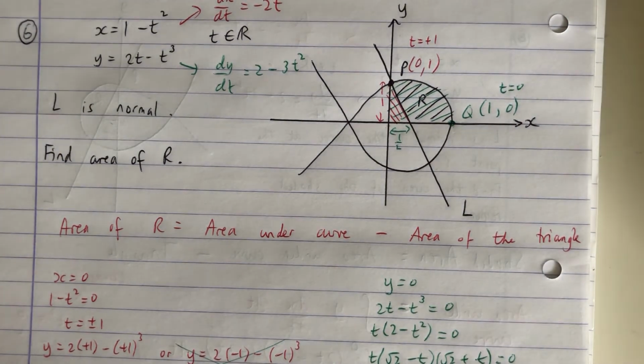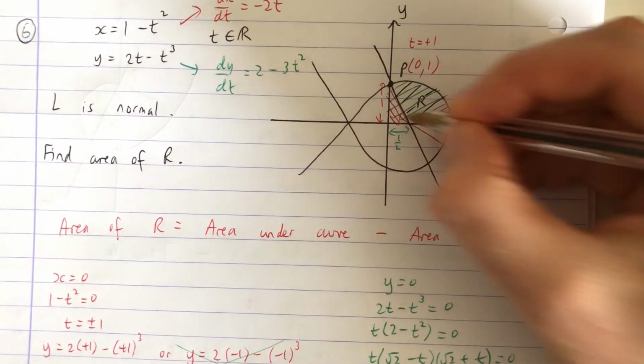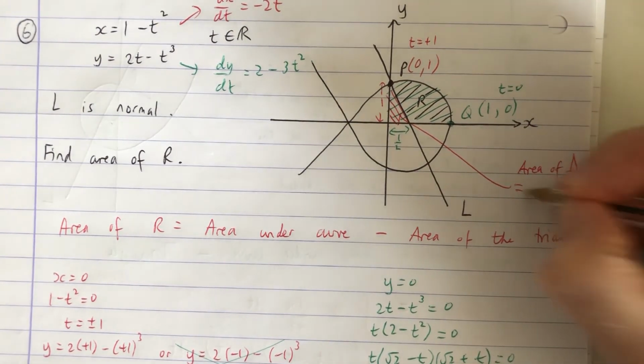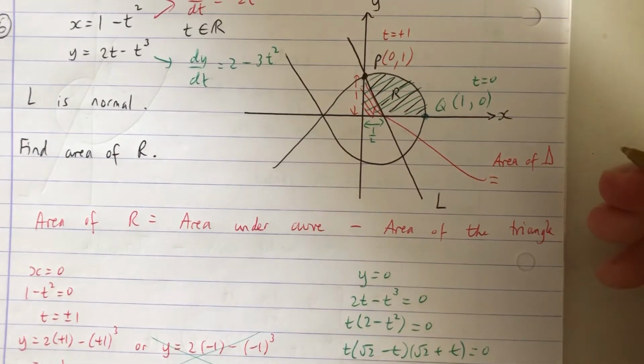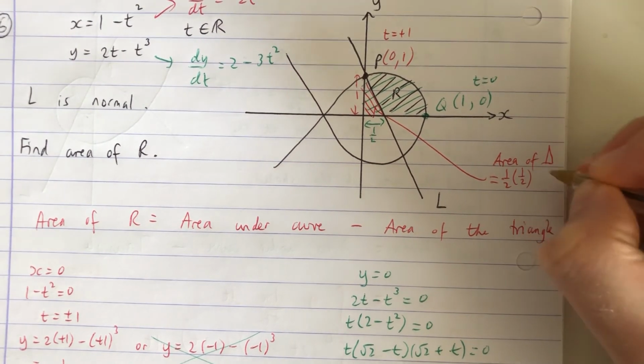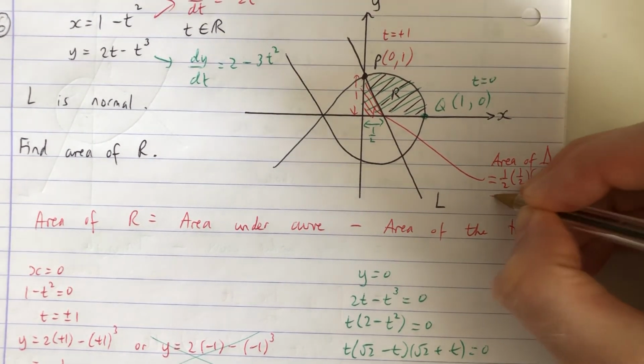Right, area of triangle. Base times height divided by 2, or half, times the base, which is a half, times the height, which is 1, which is a quarter.